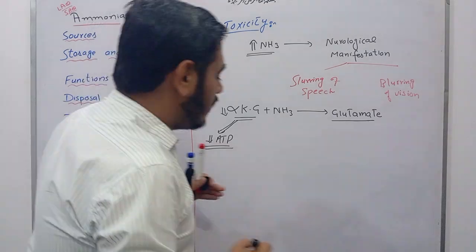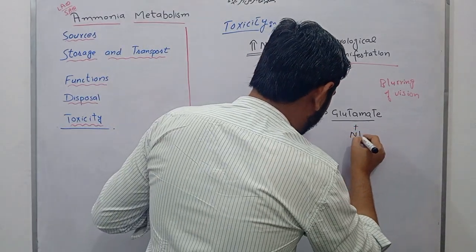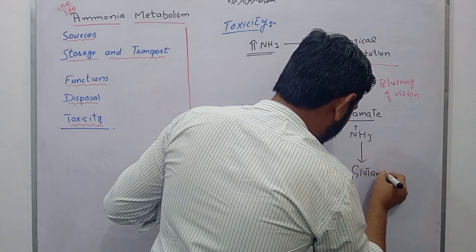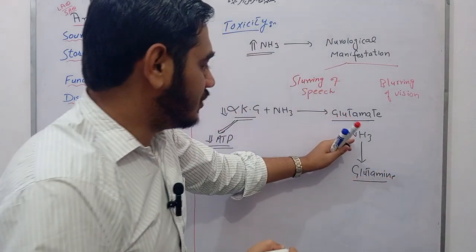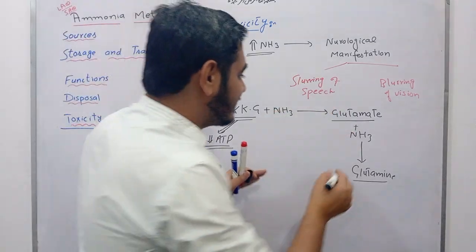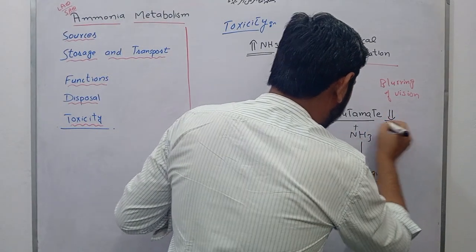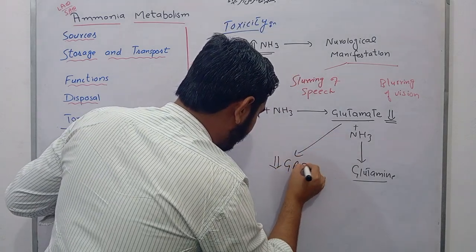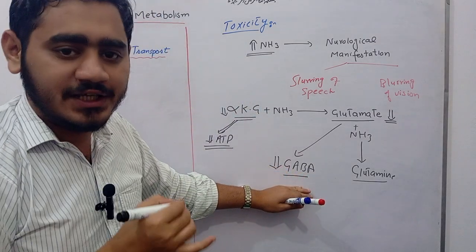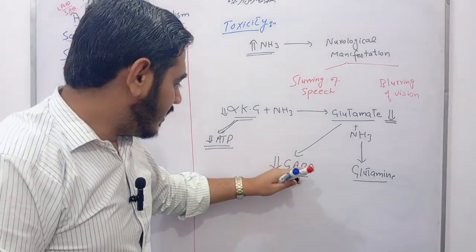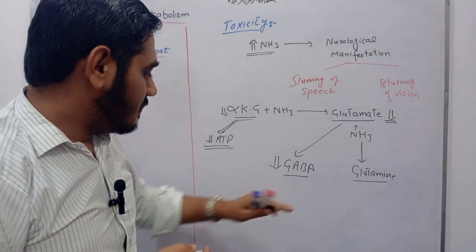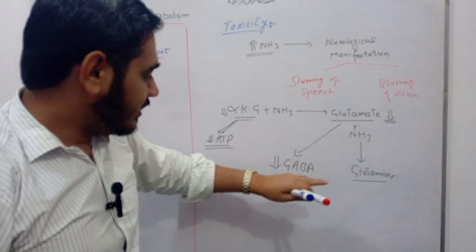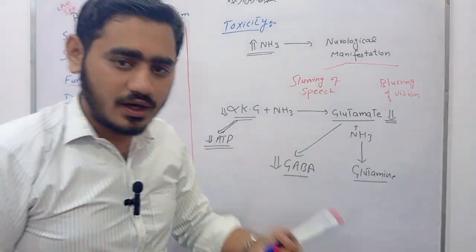Glutamate gets combined with ammonia and forms glutamine, and obviously the increase in ammonia leads to a decrease in glutamate and ultimately a decrease in the production of GABA. GABA, gamma aminobutyric acid, is the inhibitory neurotransmitter, which forms from glutamate.